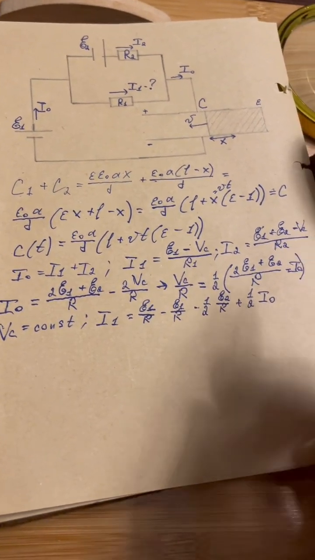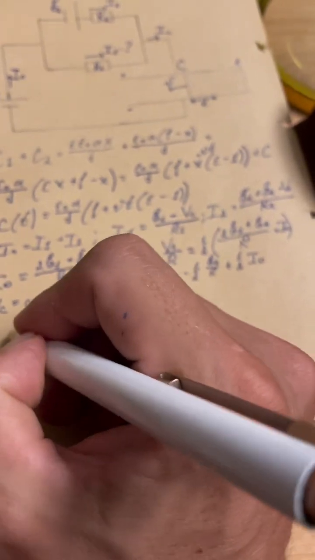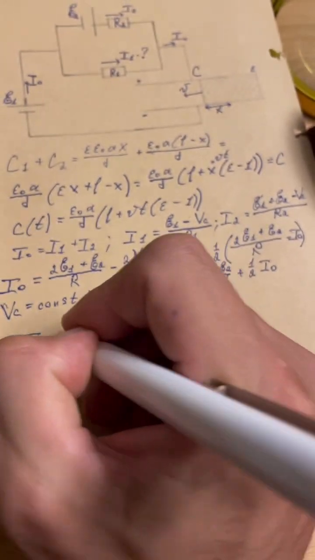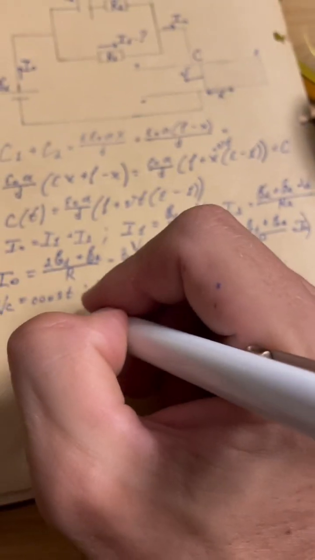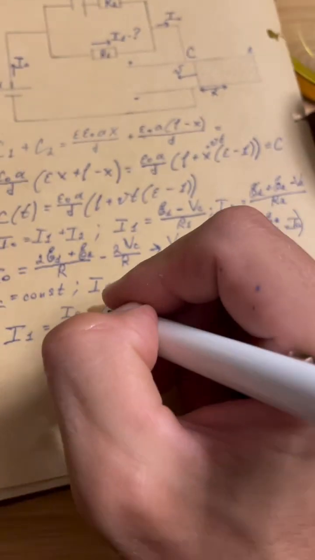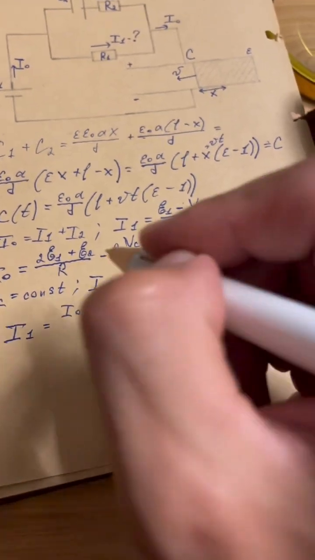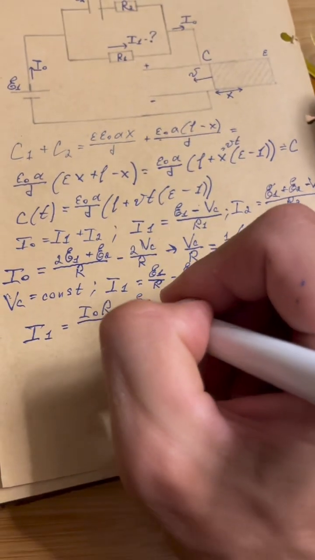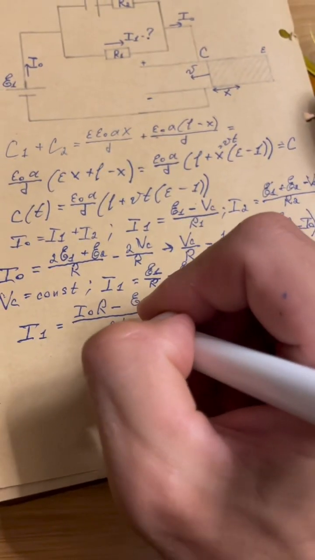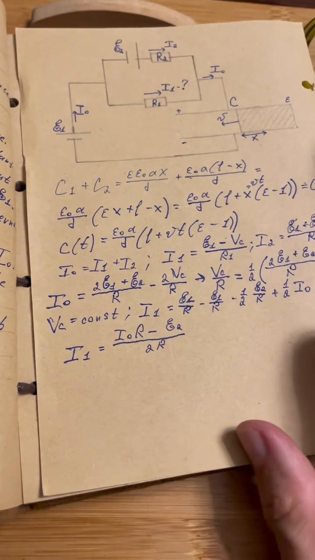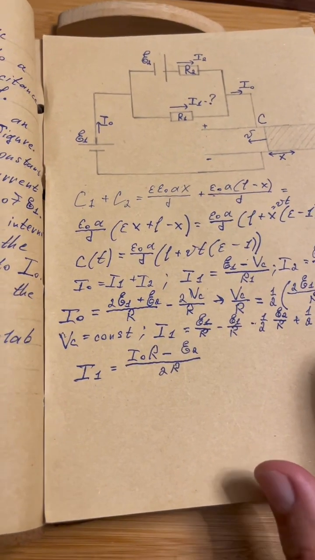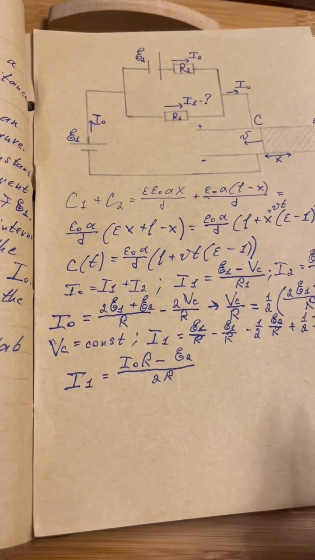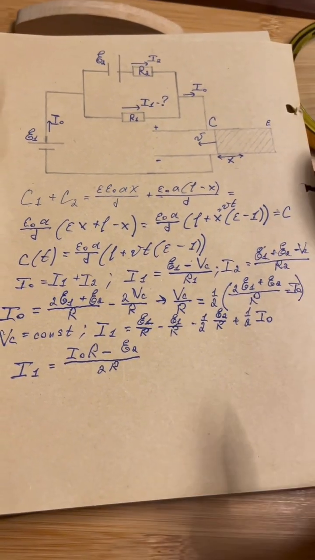Yeah, like this. So I1 from here equals I0 R minus EMF 2 over double R. This is our current I1. This is the answer for current.